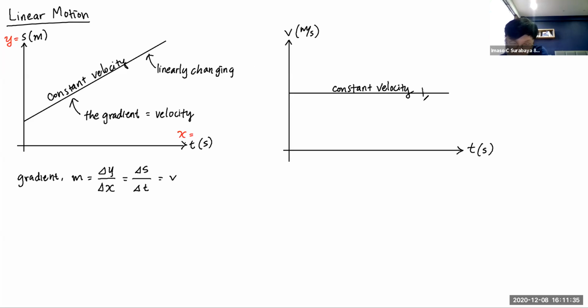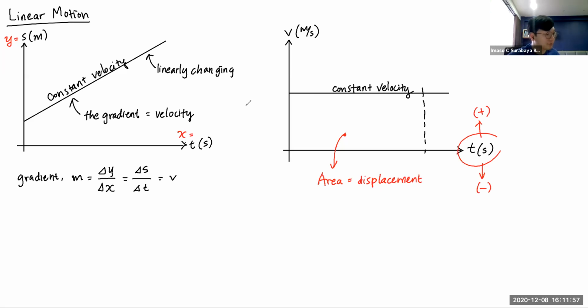And then up to a point, the area under the graph is the displacement. If it is above the x-axis, then it is positive displacement. If it is below, then it is negative displacement. Okay, you can screenshot this.